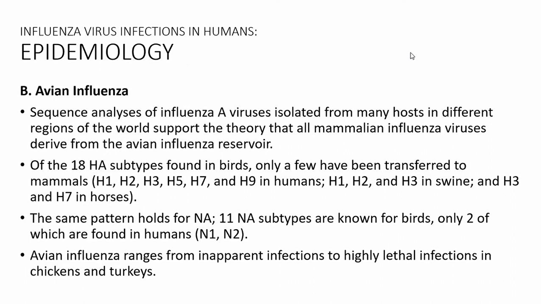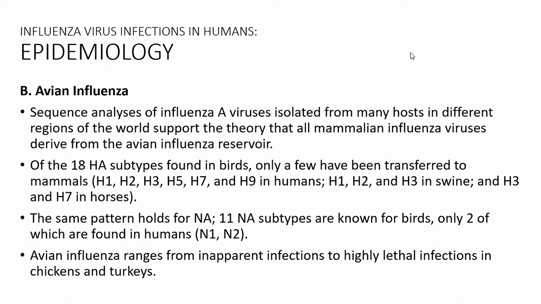Avian influenza. Sequence analysis of influenza A viruses isolated from many hosts in different regions of the world supports the theory that all mammalian influenza viruses derived from the avian influenza reservoir. Of the 18 HA subtypes found in birds, only a few have been transferred to mammals, and for humans there are 6: H1, H2, H3, H5, H7, and H9.